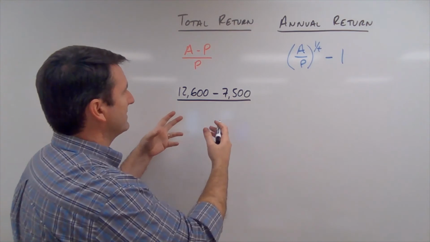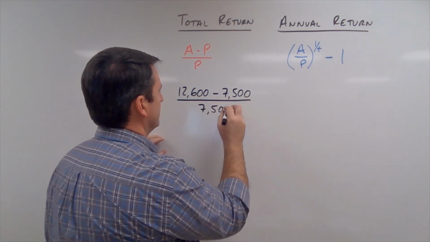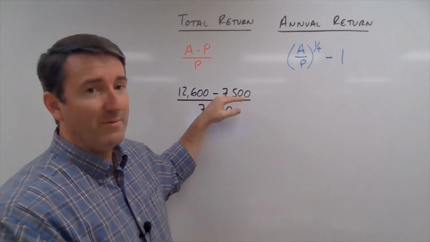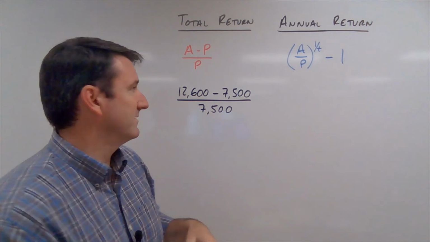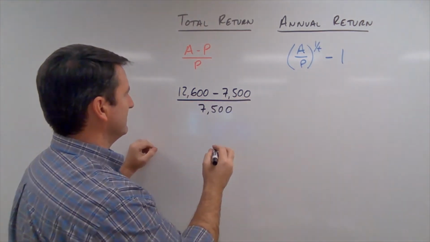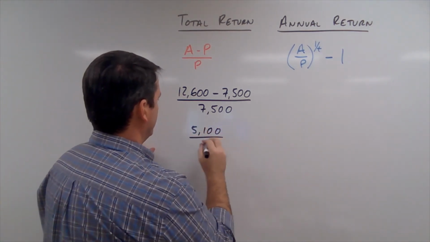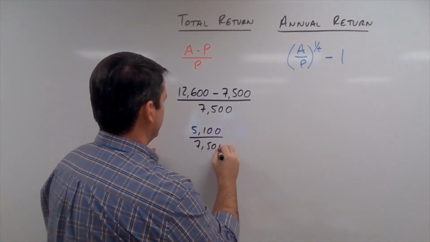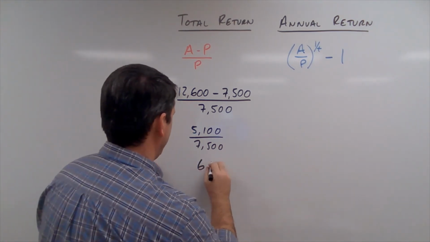And so we're going to subtract those and then divide by $7,500. So that's going to give us the amount that we made in this investment divided by the amount we started with. So 12,600 minus 7,500 is 5,100. And if we divide that by 7,500, we're going to get 0.68 or 68%.